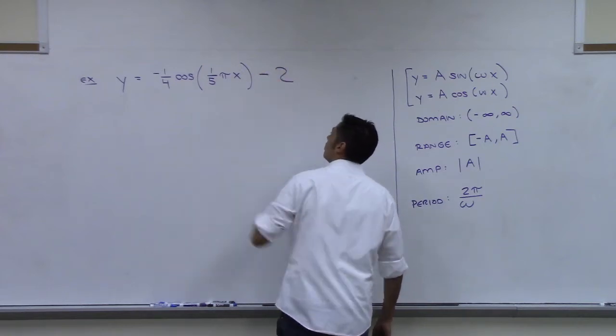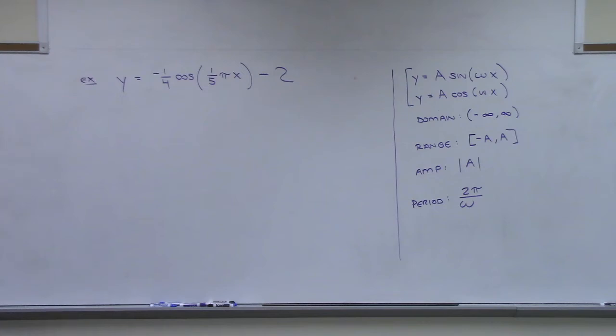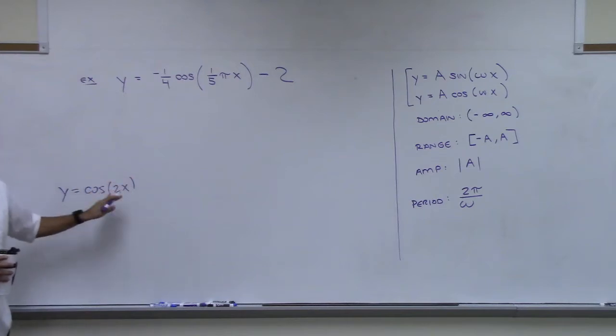Okay, that's good. I look at that problem right there and I say that's a decent test problem. I could put that on a test and feel good about myself, as opposed to y equals cosine 2x. That's not so much a test problem, right? So let's see how we deal with this.